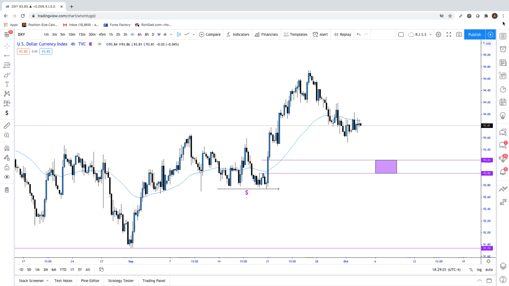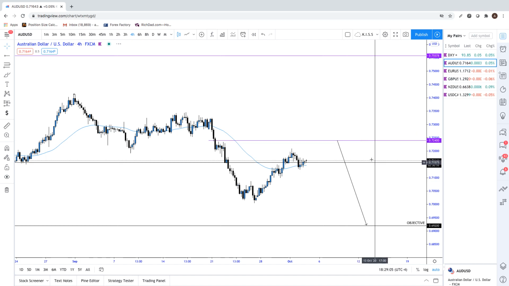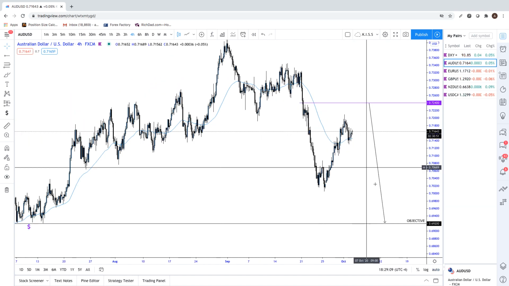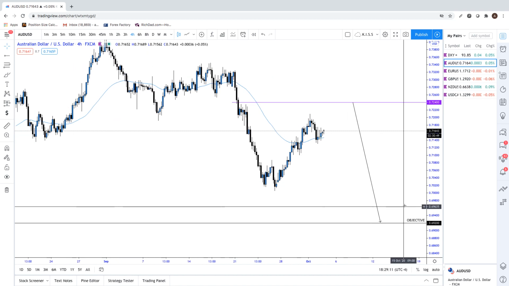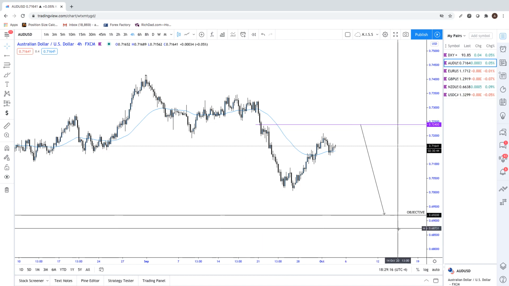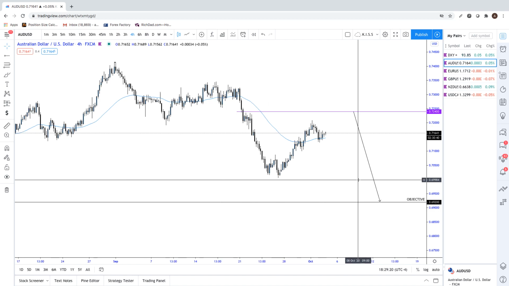All right, so hopping over there, we'll take a look at Aussie. Aussie, I do like, again, more upside, looking for that initial dollar weakness, and then that continuation for dollar strength. Therefore, looking for shorts, higher time frame on Aussie dollar.